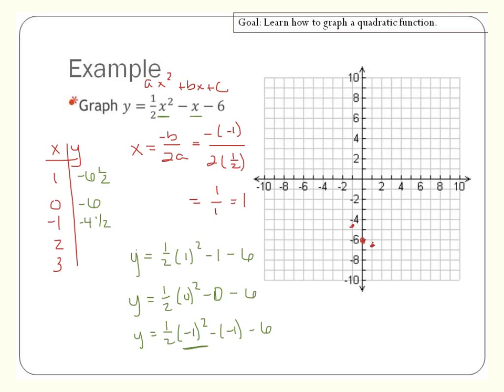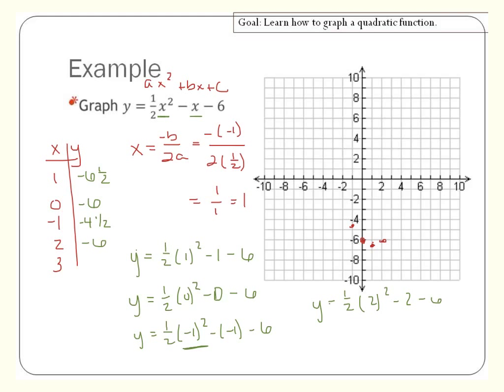And then I'm going to go to the other side and put in 2. So I'm putting it in for both x's. 2 squared is 4. Half of 4 is 2, minus 6 is negative 6. Yes, they should be symmetric.